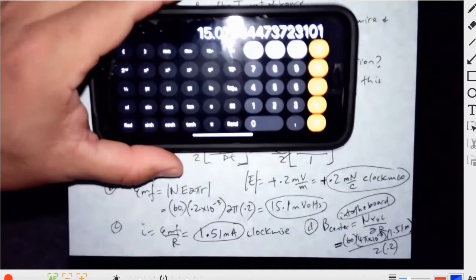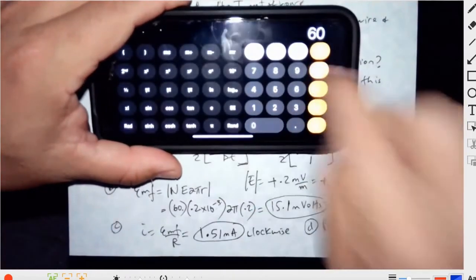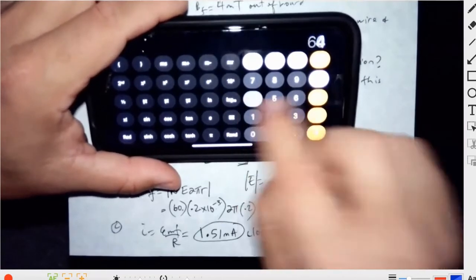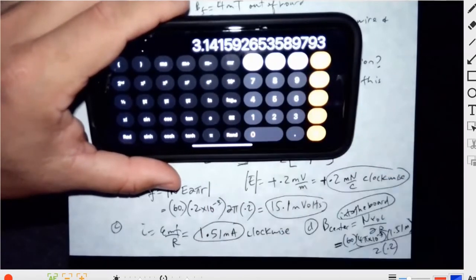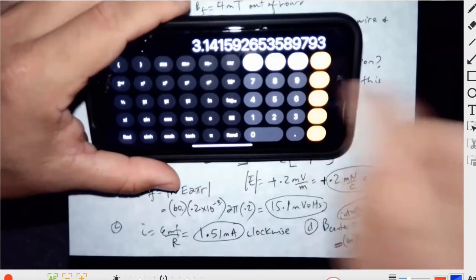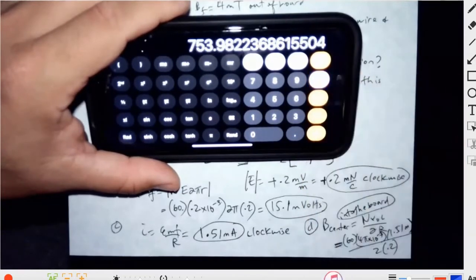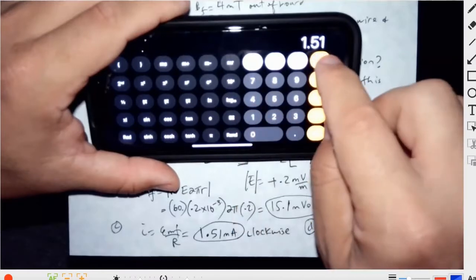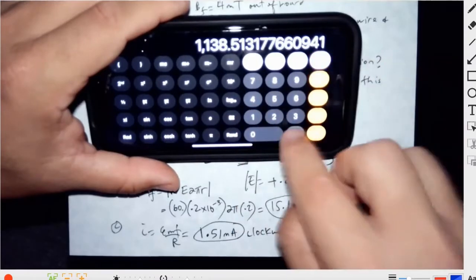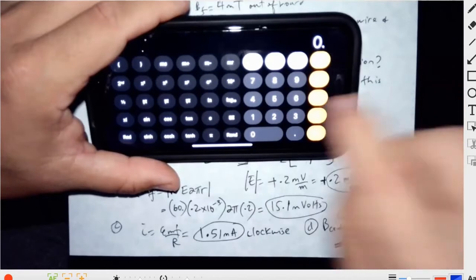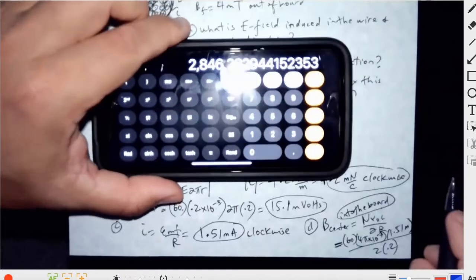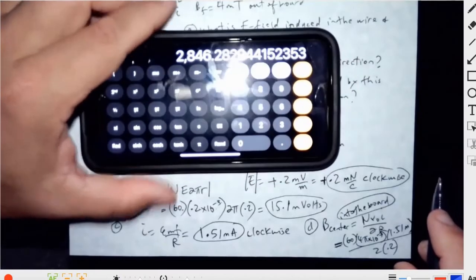Let's see, so we have here 60 times 4 times pi times 1.51 divided by 0.4. That's 2846.